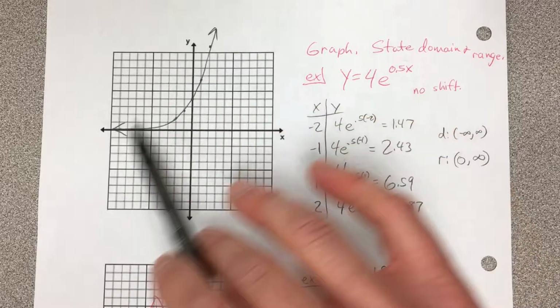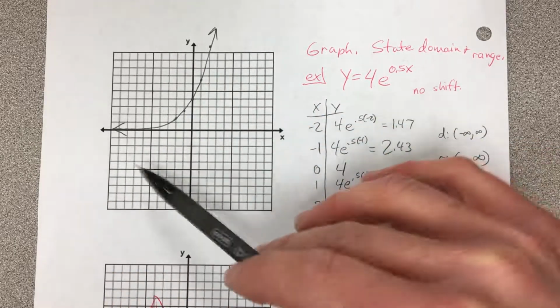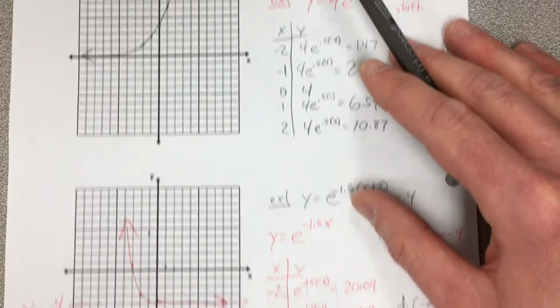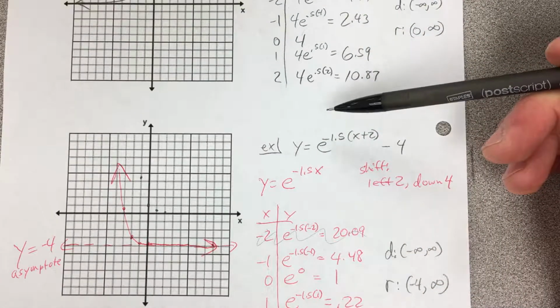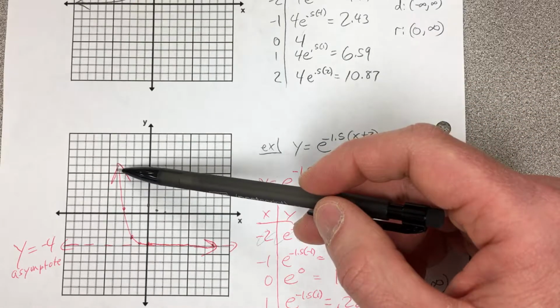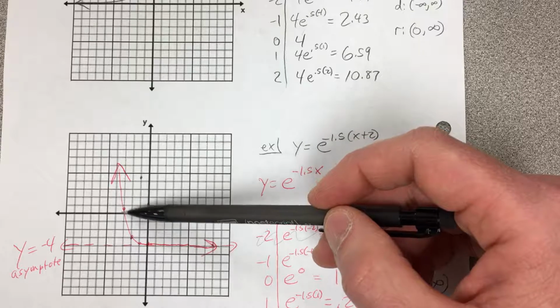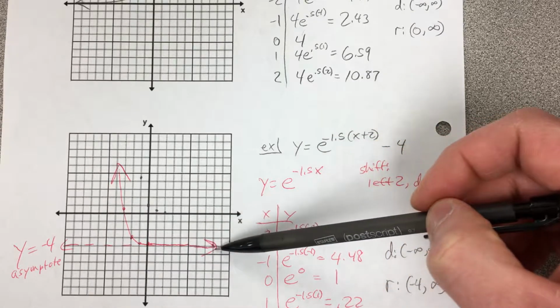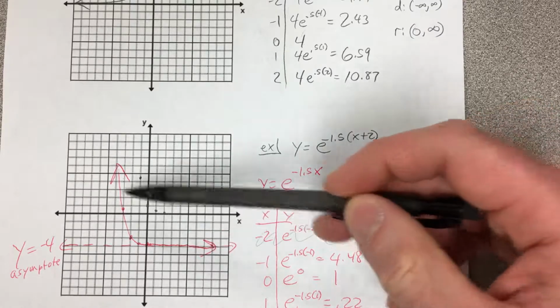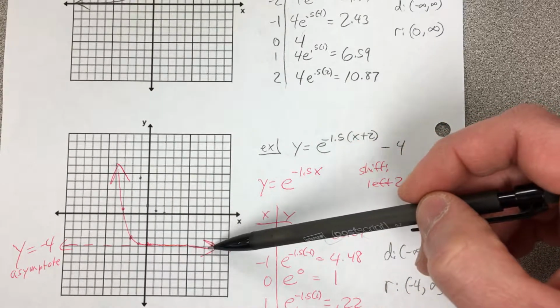We're going away from the asymptote as we go left to right. But a curious thing happened on our second graph. It's actually exponential decay. It's going towards the asymptote as you go from left to right.